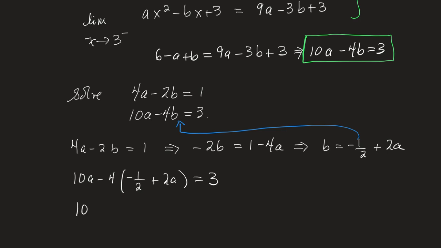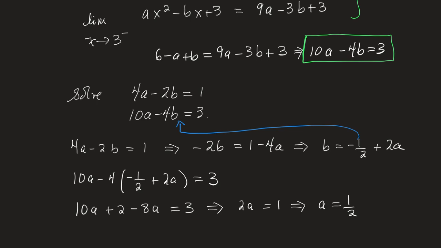So I have 10a plus 2 minus 8a is 3, which tells me that 2a is equal to 1. And so a is 1/2. So I've got a as a half.